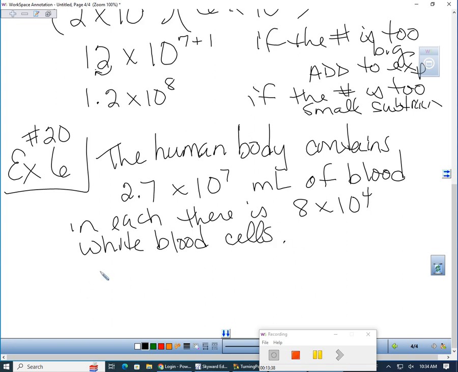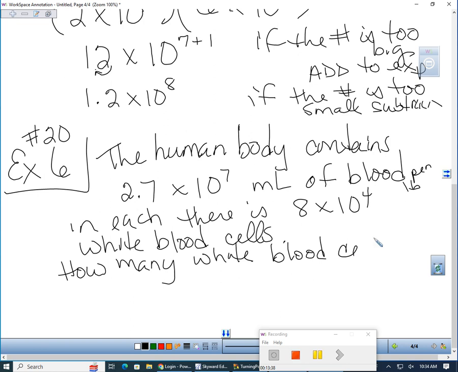My question for you is, oh wait, this is microliters of blood per pound. I left that off. Per pound. In each, there is 8 times 10 to the 4th white blood cells. How many white blood cells in a 120 pound adult?